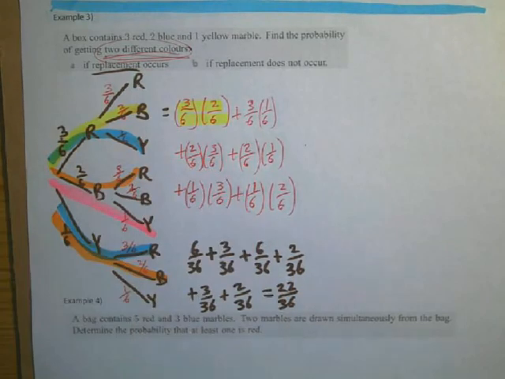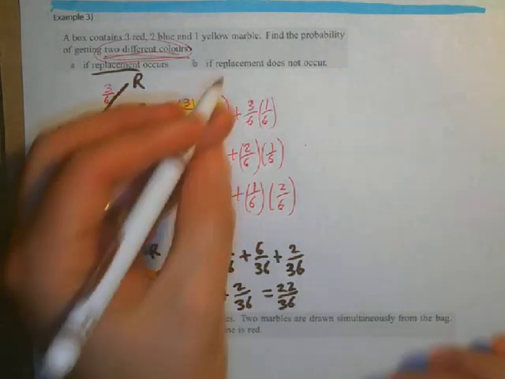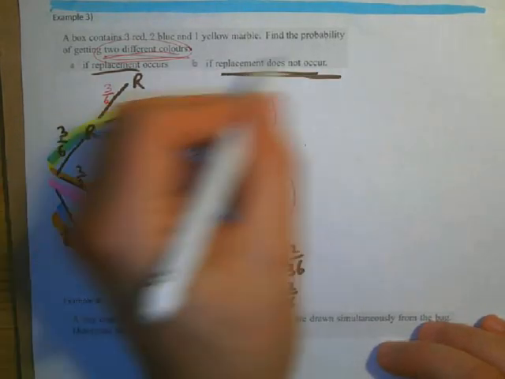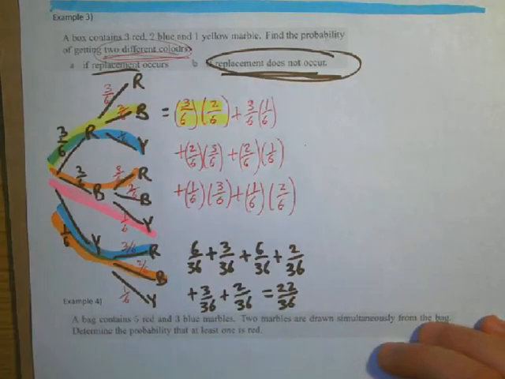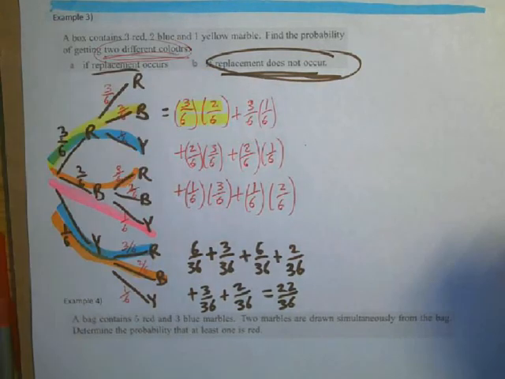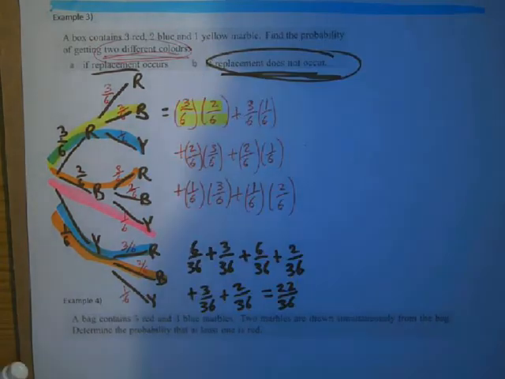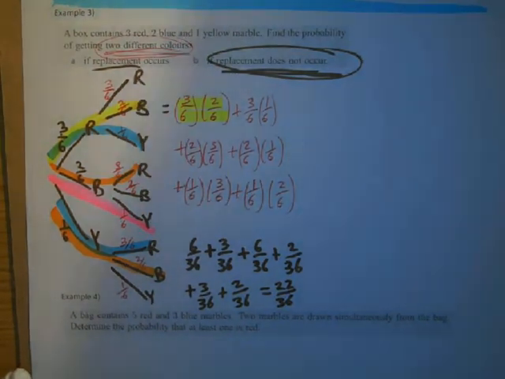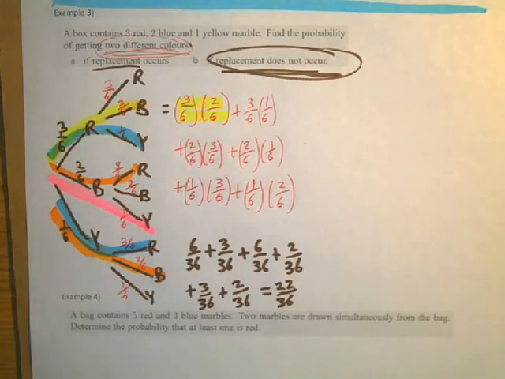Now that sounds fine, but what if replacement doesn't occur? Because that will sometimes happen in your homework. So what does that mean? If replacement doesn't occur, that means that when you pull out the marble, there's one less marble in there.